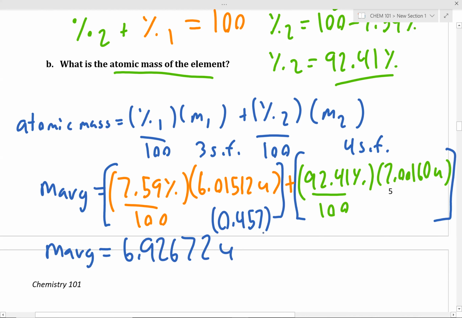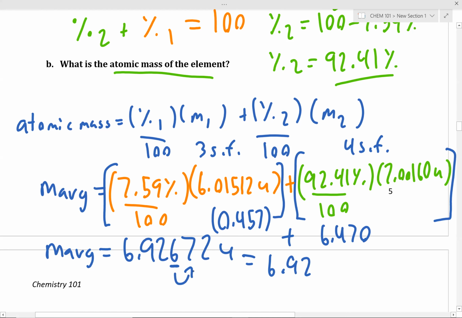And out of our second calculation, we get 6.470. So if we think about adding these two numbers together, addition is concerned with what? Decimal places. So how many decimal places can we report? 3. So then we can report up to the third decimal place. So our average atomic mass would be 6.92.